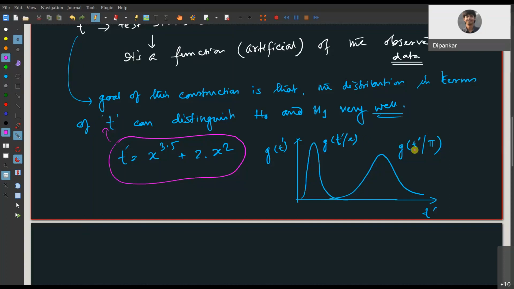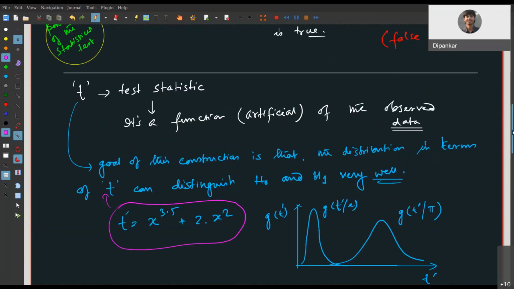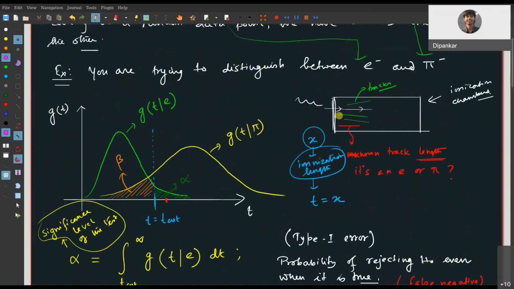And for a given problem, you might want to adopt a very particular strategy on how to construct a test statistic. I will discuss in some superficial detail about this interesting problem. But I have started with a simplified problem where you measure only one quantity, the ionization length, and you consider that this itself is my test statistic.